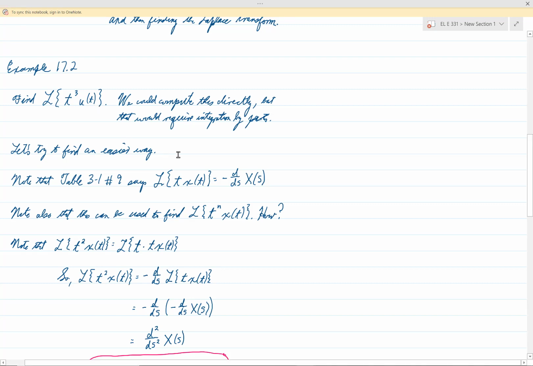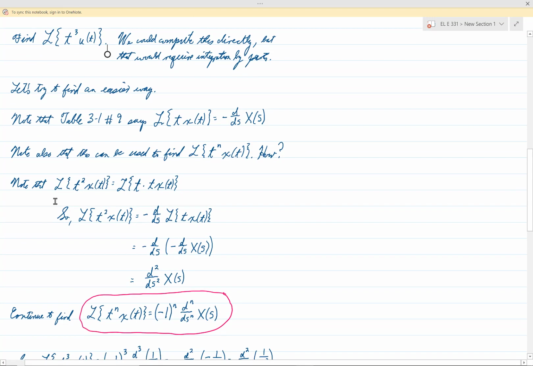And the key to finding an easier way is to look at entry number 9 in table 3-1. Entry number 9 says that the Laplace transform of t times a function is equal to the minus of the derivative in the s domain of the Laplace transform of that function.